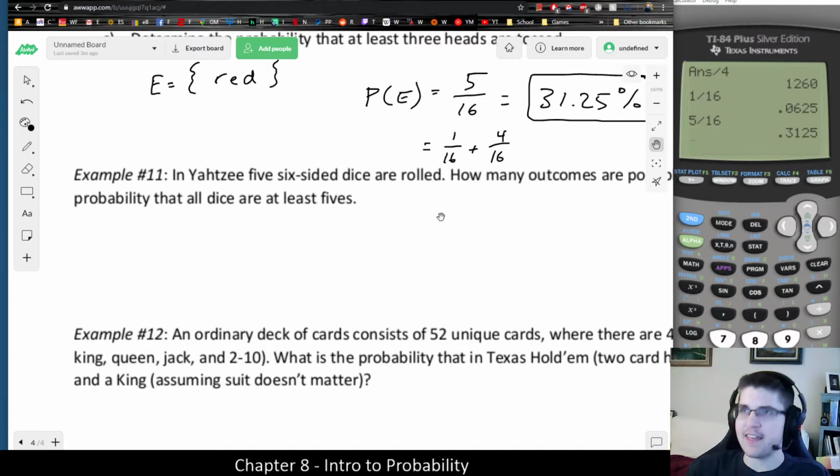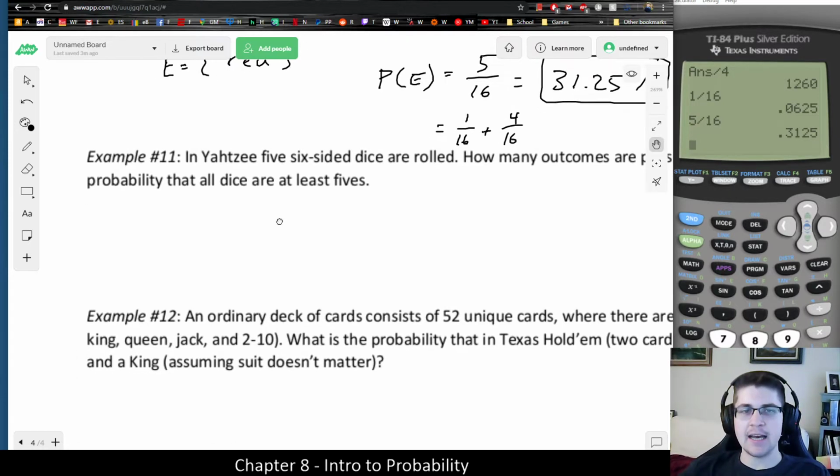If I think about it, each die could be 1 through 6, so there's 6 options. And since I'm rolling 5 6-sided dice, the number of outcomes is 6 times 6 times 6 times 6 times 6, because each die could be 1 through 6.